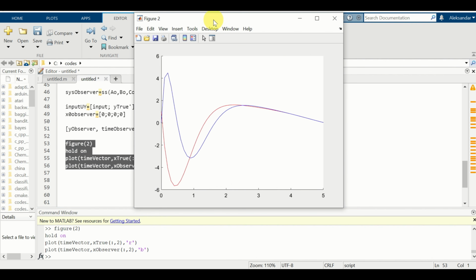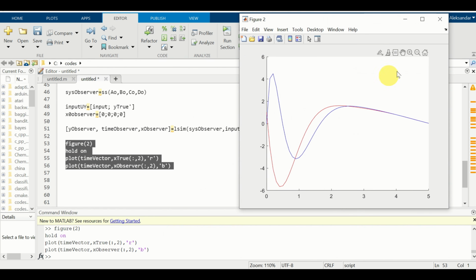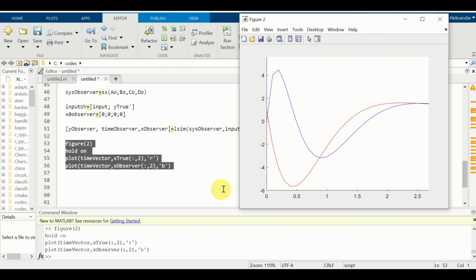Voila, here it is. Let's analyze this graph. So what's happening over here? Let's see. The red line is actually the state of the system. We can see that the state evolves like this, and this is the second state. That is the velocity of the first object.